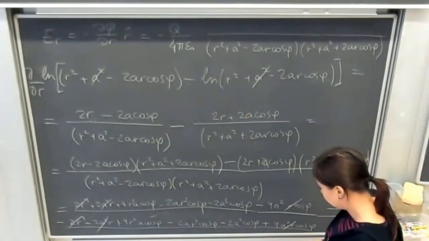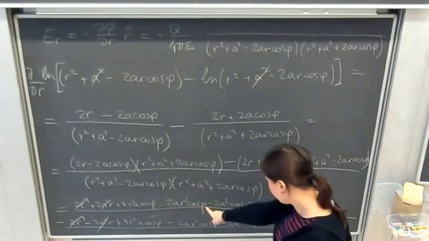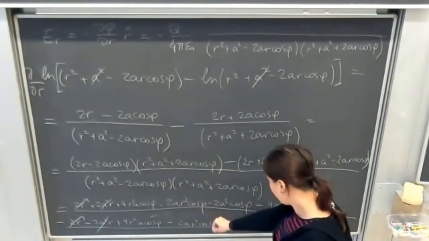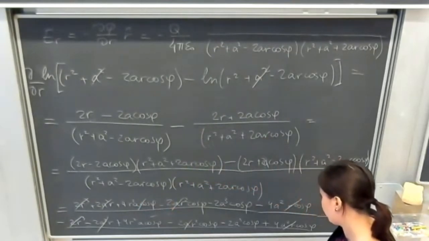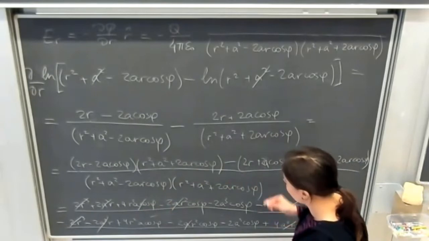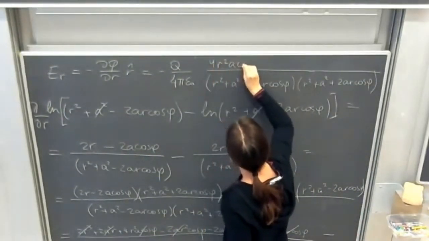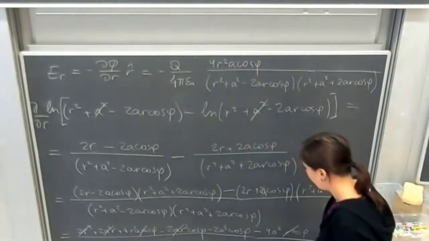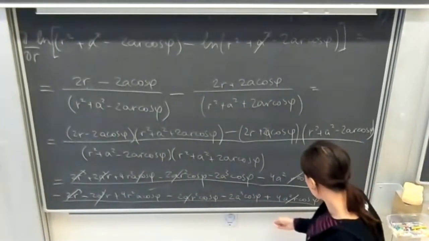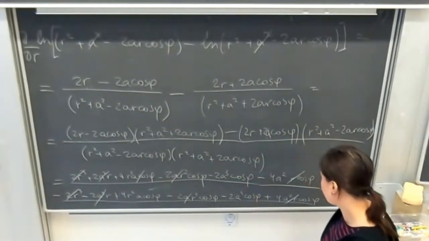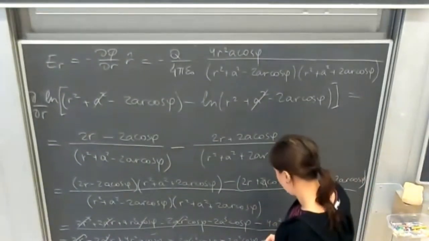And for the top, this is 4 minus 2 is 2, and minus 2 again. Yes, so we'll be left with 4r squared, 4r squared a cosine phi. And here, minus 2 and minus 2 is 4a cubed cosine, minus.